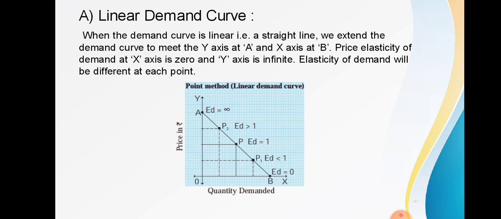Similarly at point P1, we can apply the formula L upon U. L is 1 and U, the upper segment, is 3. So 1 divided by 3 is equal to 0.33, which is less than 1. So at point P1, elasticity of demand is less than 1.